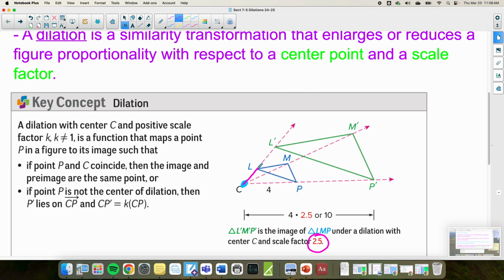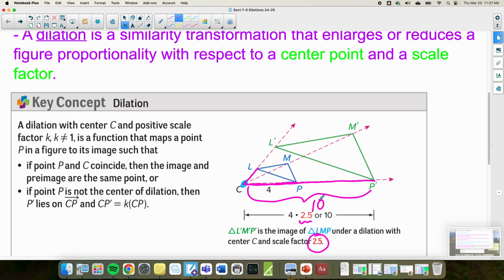So if you were doing this just on paper, you didn't have a coordinate plane, you would use a ruler to measure from C to P, and then you would multiply that by 2.5. Like here, if you measured from C to P, they're saying that's 4. So then when they went to figure out where is P prime, they would go 4 times 2.5, which is 10, and then they would draw this so that this is 10, okay?